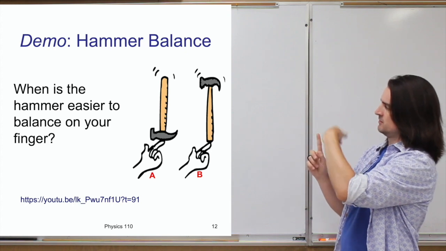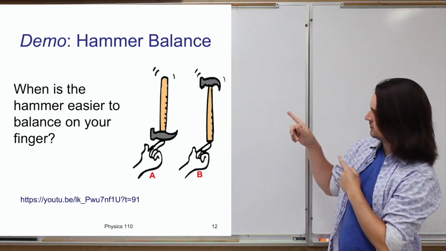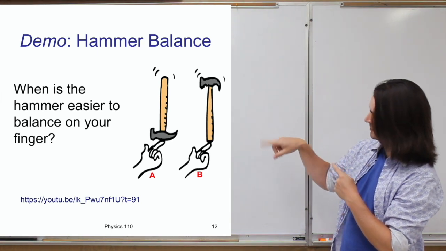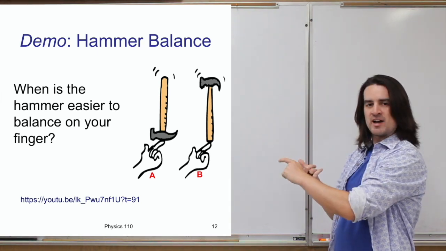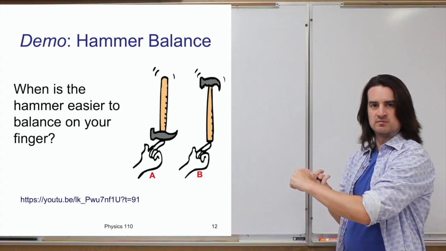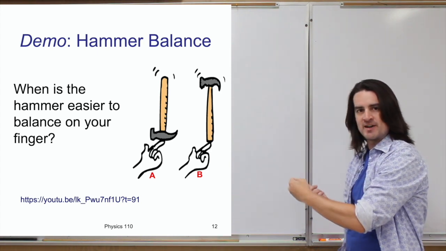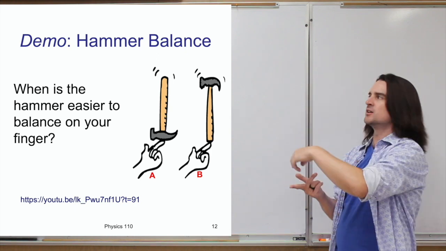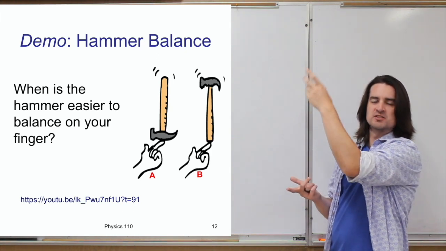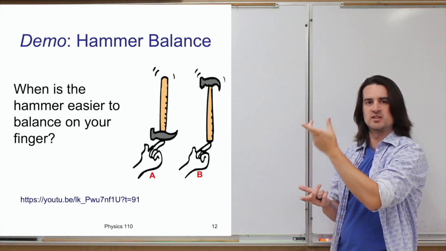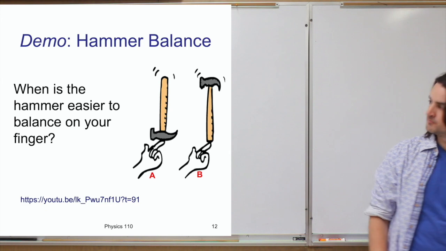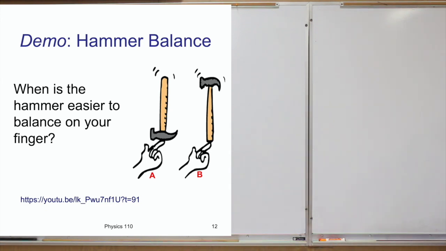But the mass is distributed differently, and in case A, much more of the mass is closer to the axis of rotation, versus B, where more of that mass is further away from the axis. When that mass is distributed further away from that axis, it's a larger rotational inertia, meaning it's going to resist rotating. It's going to be easier to balance. And feel free to try that out on your own.